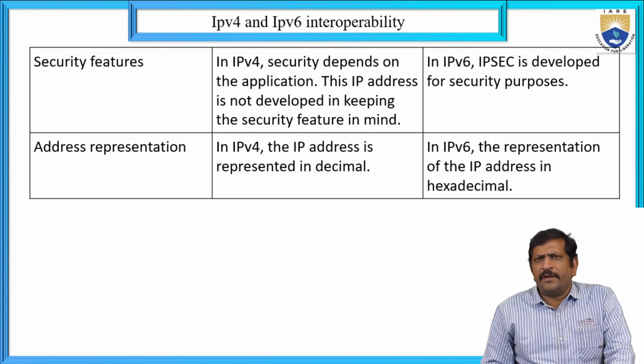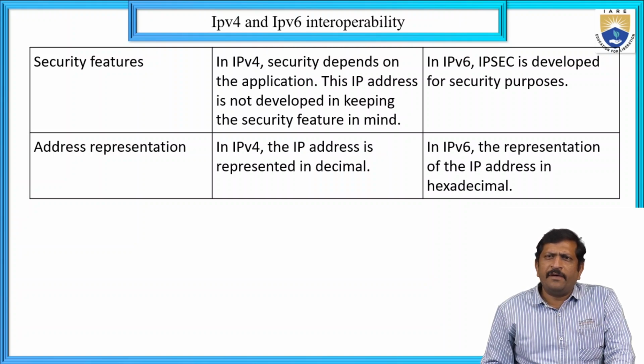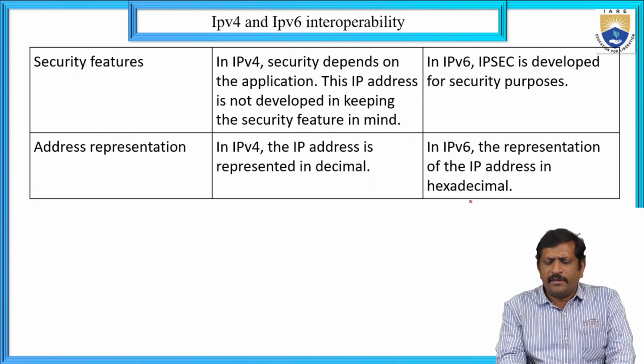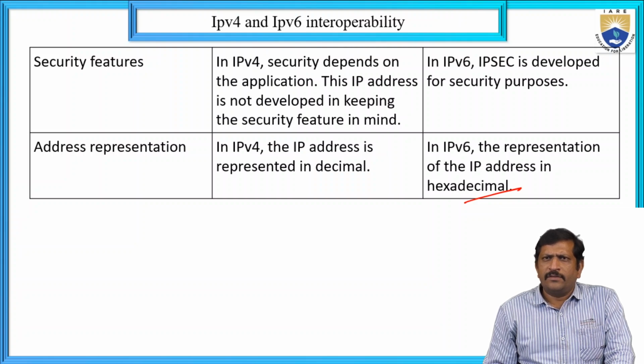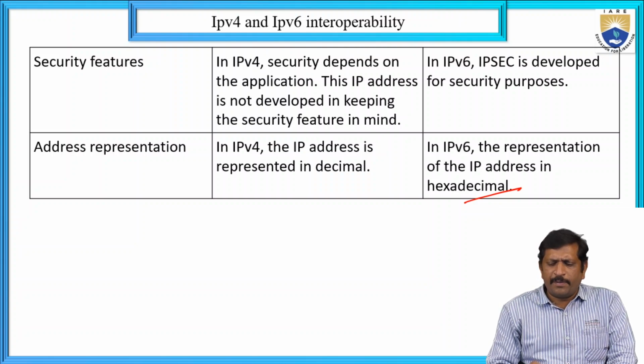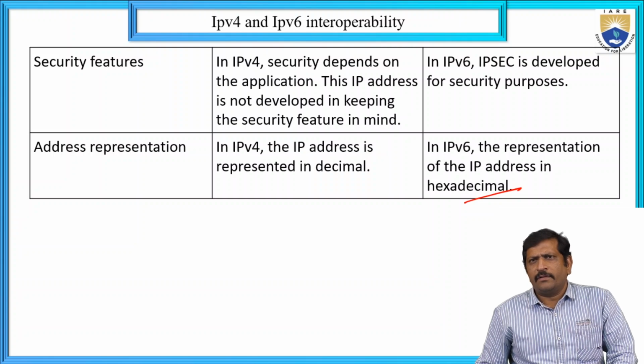In IPv4, the IP address is represented in decimal form. In IPv6, the IP address is represented in hexadecimal, with a total of 8 fields, and each field is separated with a colon.